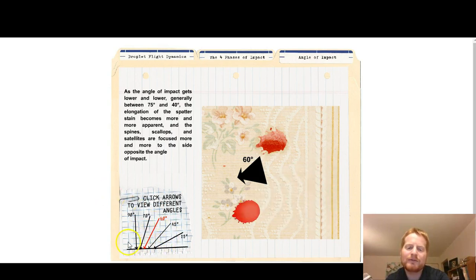So notice how here's our flat surface, we're getting closer and closer in angle to the point where, like we said, if 90 degrees had been perfectly perpendicular, 0 degrees is no angle of difference. As our angle gets smaller and smaller, we're actually seeing more elongated blood. So let's look at 45.